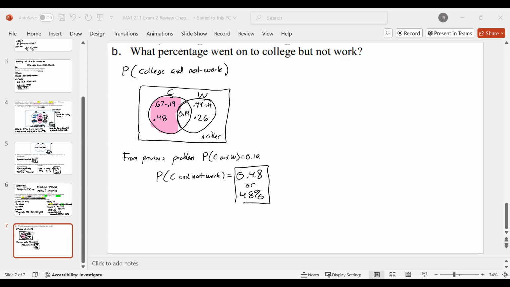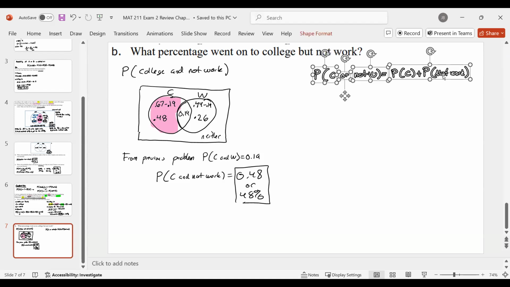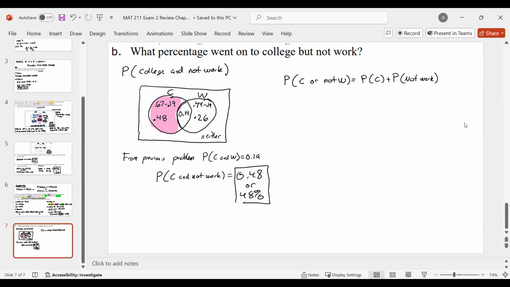Now, if you're wondering, how would I do that using the formula? Well, you would do it this way. The probability of college or not work is equal to the probability of college plus the probability of not work minus the probability of college and not work.